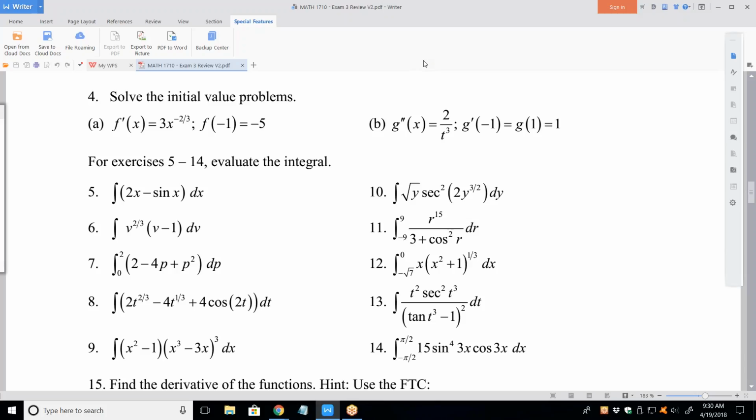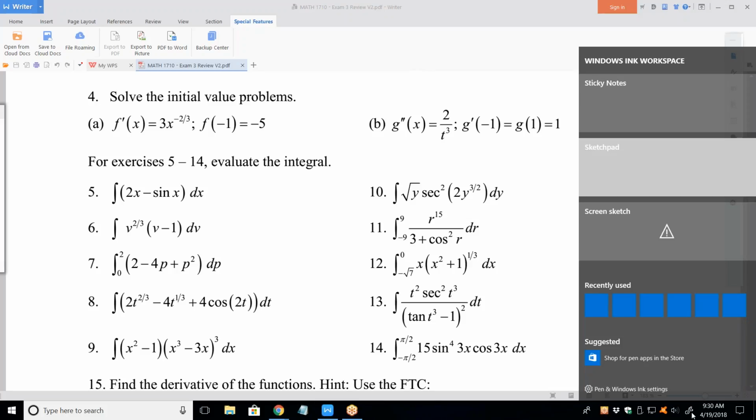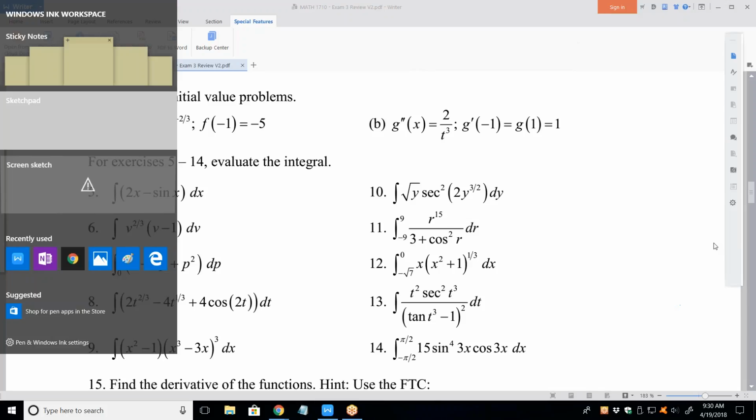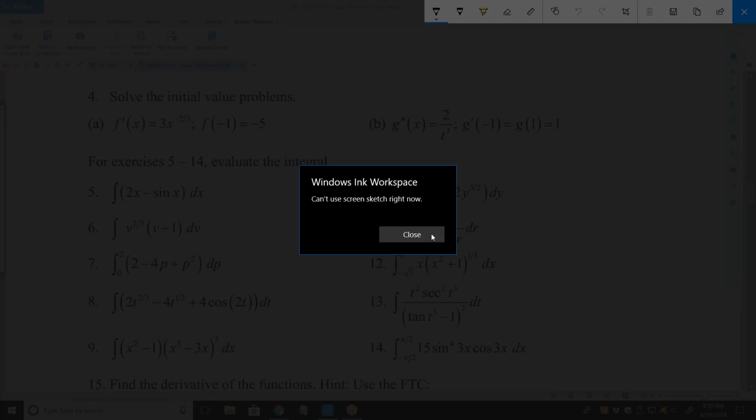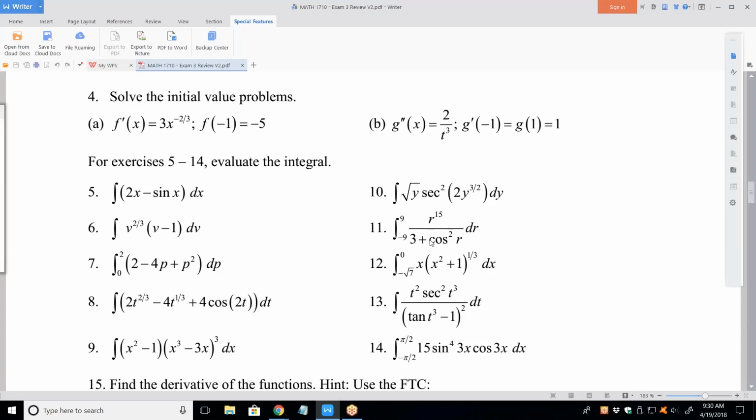Well, best way, I gotta be able, how come this thing is not working? Can't use it right now. Darn. All right, well, I'll have to go back and use the other one.